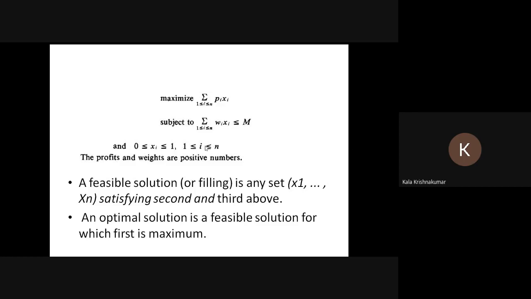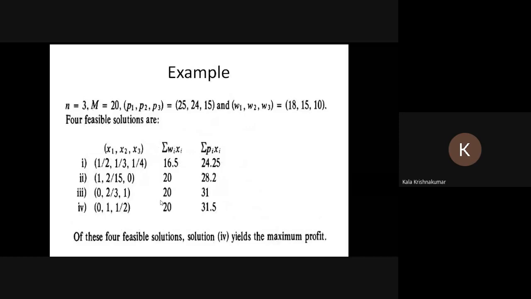So this one is a feasible solution, since sigma wi xi is 16.1, which is less than or equal to 20. You can choose this one, and your profit sigma pi into xi is 24.25.